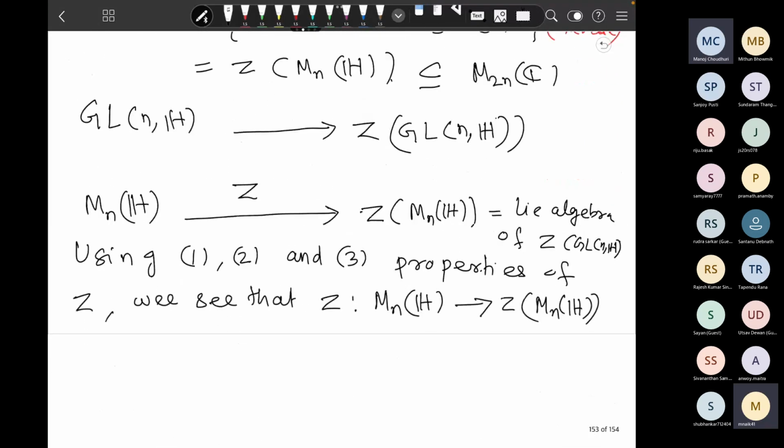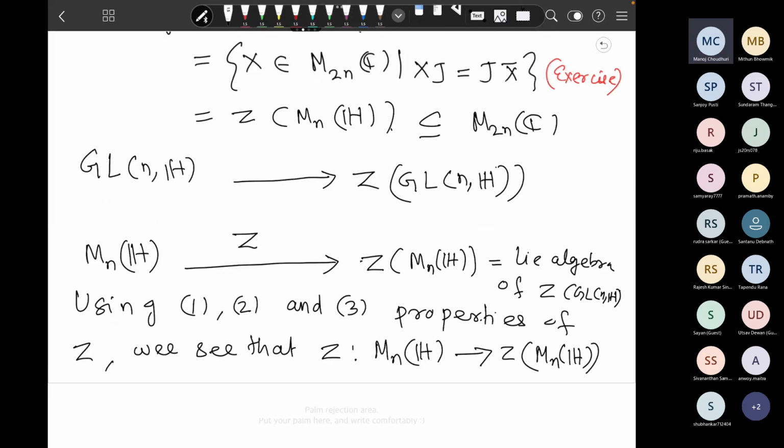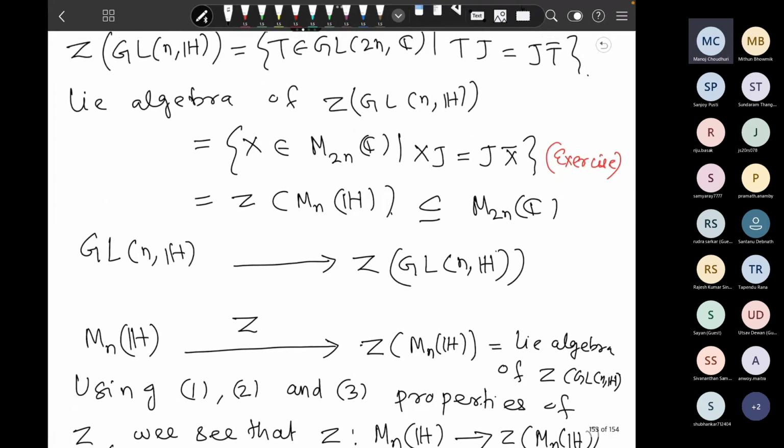I just have a question. It may be obvious also. The map taking MnH inside M2n(C) is not onto, right? Not onto. So I'm just trying to understand how small this Z(MnH) is compared to M2n(C). Both are vector spaces, right?